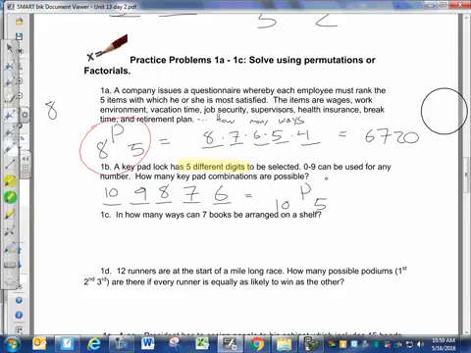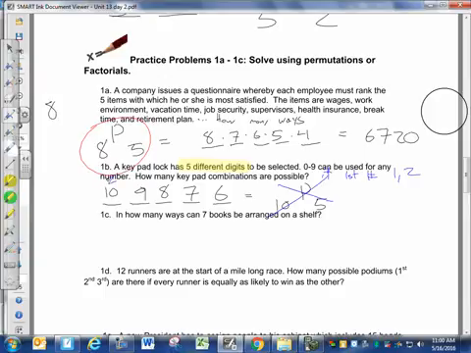Now I could change the question up if the first number had to be a 1 or a 2. If all of a sudden I changed the question and said the first number needs to be a 1 or a 2, then all of a sudden I don't want to use this notation anymore. I instead want to go back and say, okay, well that means I have 2 choices for my first number.